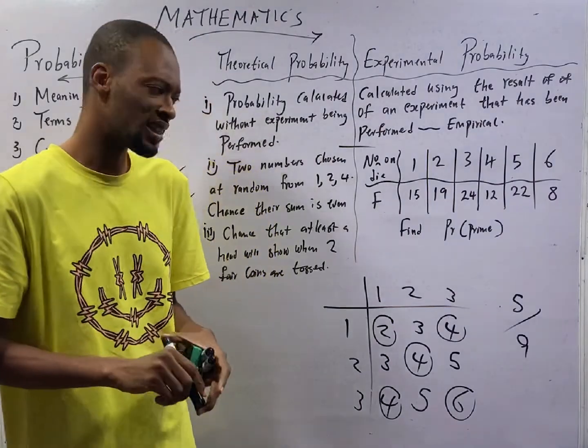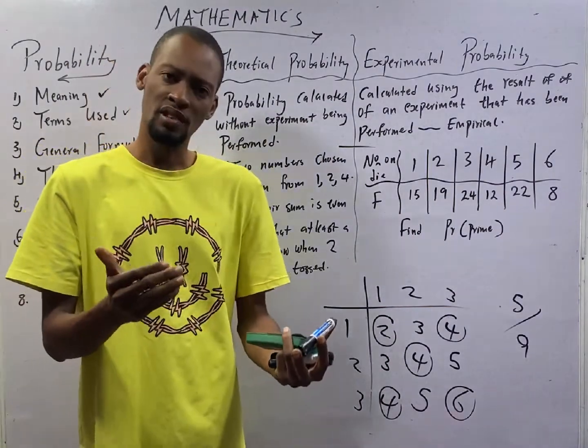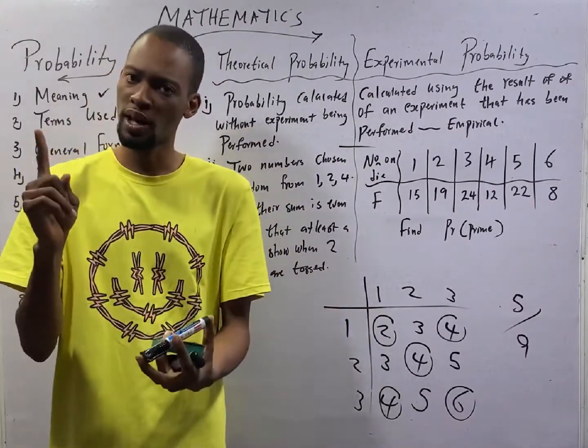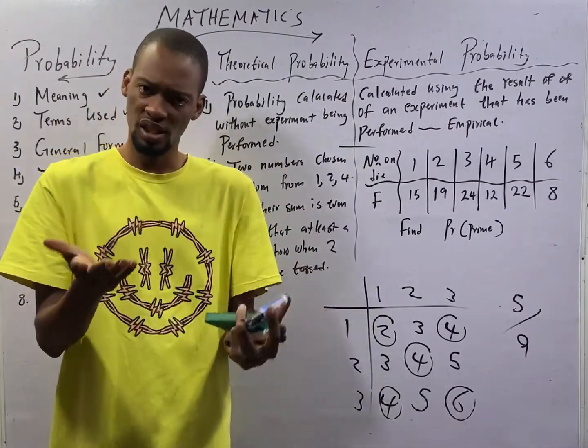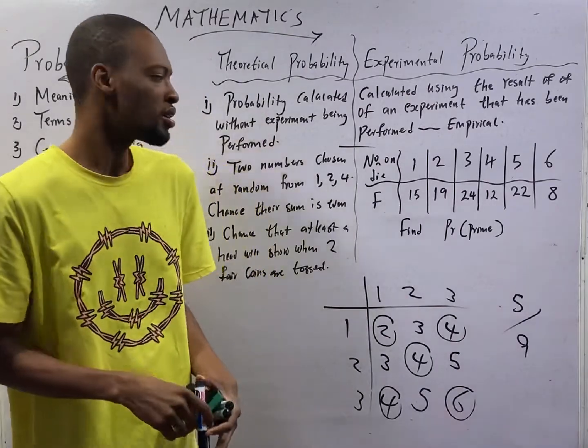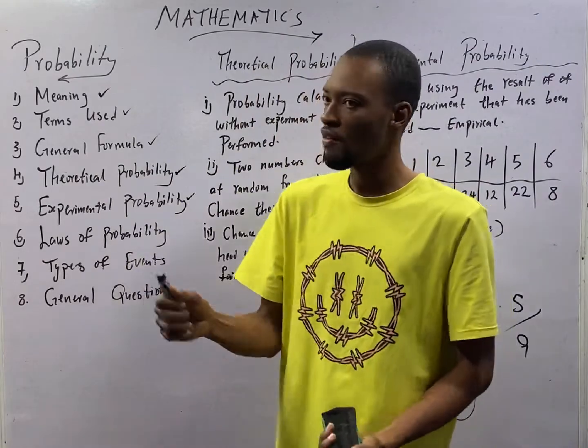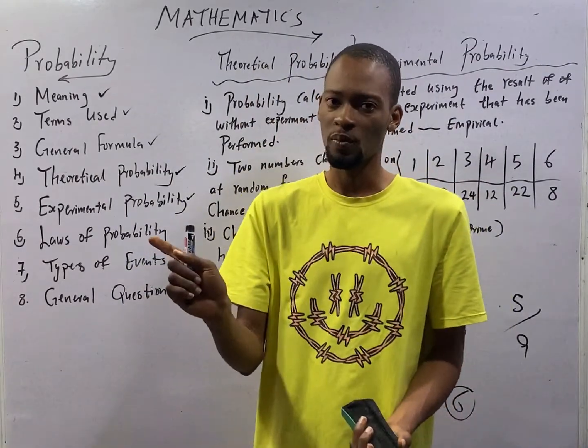Now, apart from the fact that probability ranges between 0 and 1, and for a sure event it is 1, for an impossible event it is 0, and other values, the probability of something not happening is 1 minus the probability that it will happen.